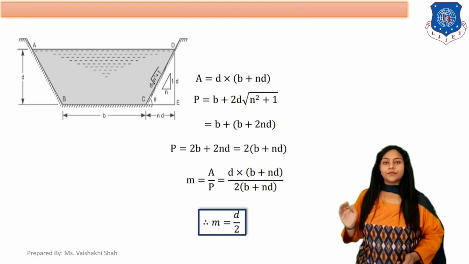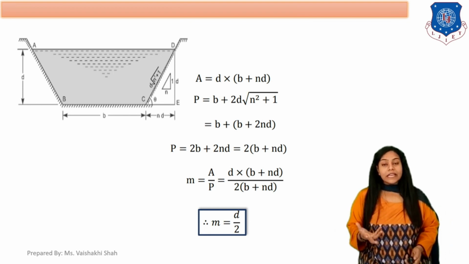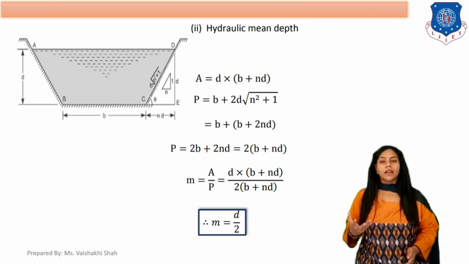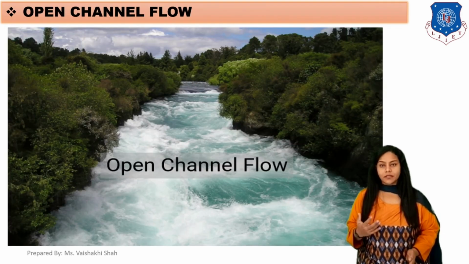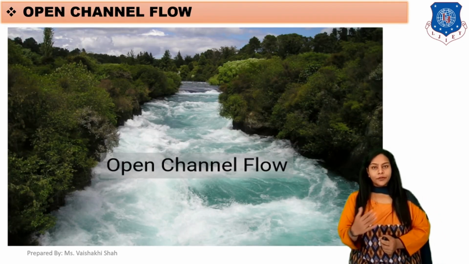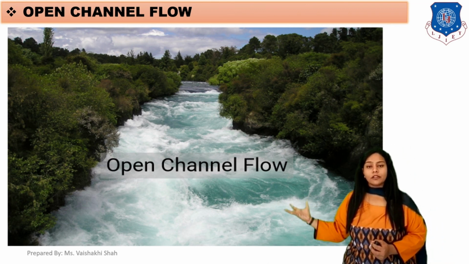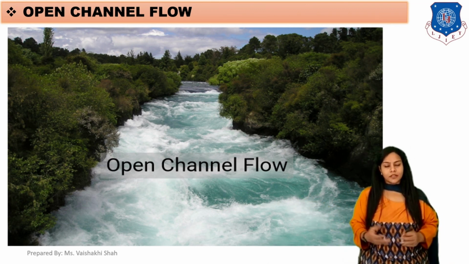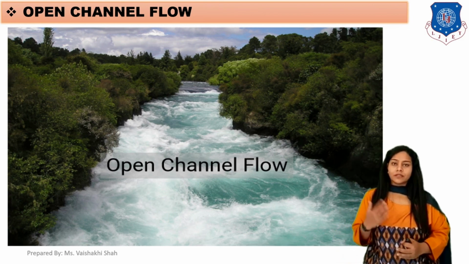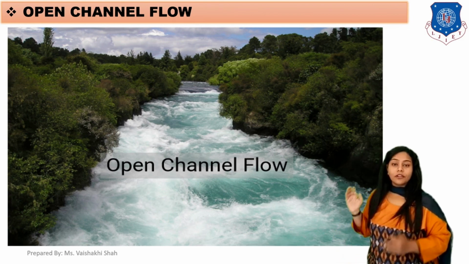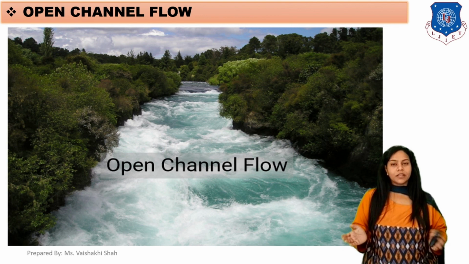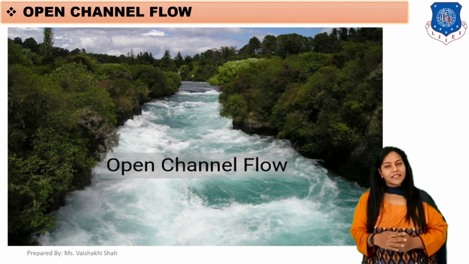These two are the conditions for most economical trapezoidal sections. Clear? So in today's lecture we discussed conditions for most economical trapezoidal section. In the next lecture we will solve some examples based on trapezoidal section and rectangular section as well. Goodbye. Thank you.